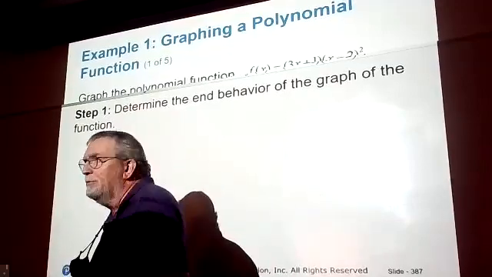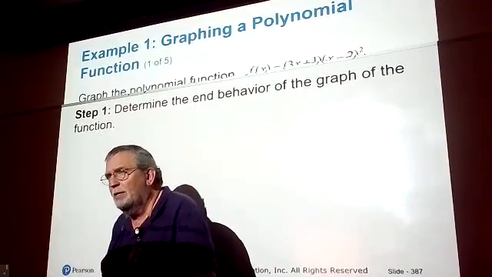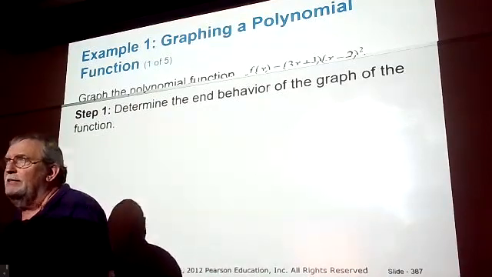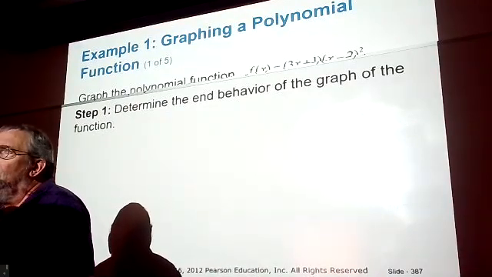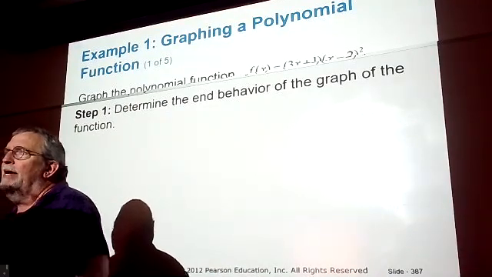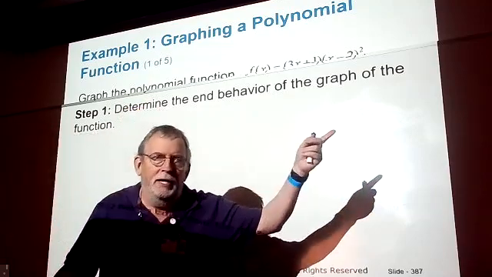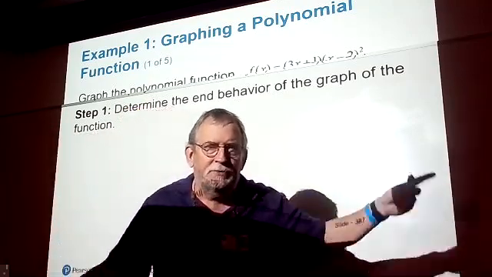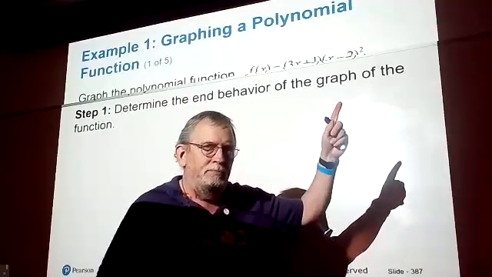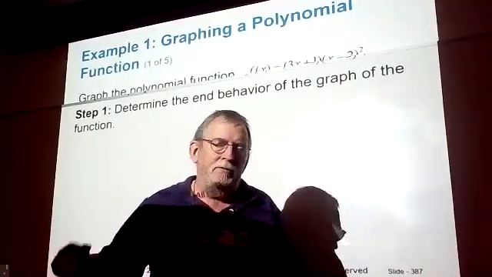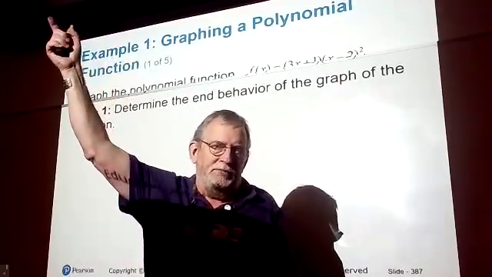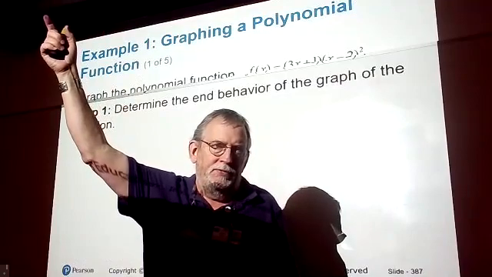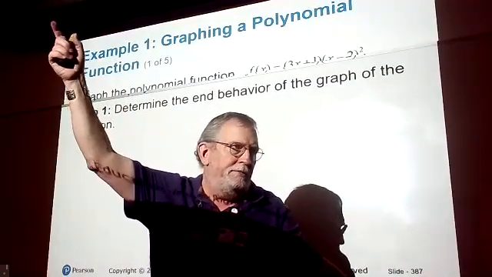So they add up to a 3, so it's a third degree polynomial, which means the end behaviors are going in opposite directions, either down to the left and up to the right, or up to the left and down to the right.